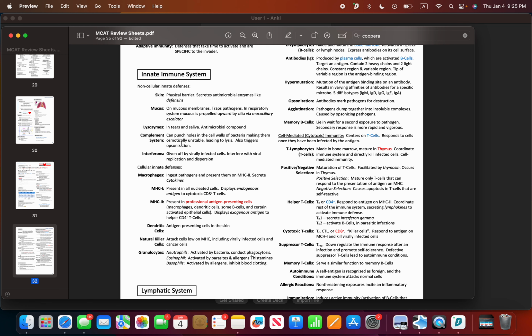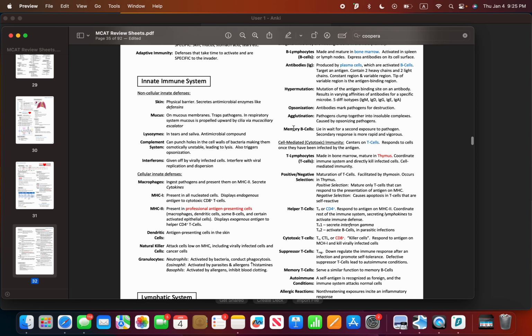The complement system can punch holes in the cell walls of bacteria, making them osmotically unstable, which leads to their lysis, and it also triggers opsonization. If you remember, opsonization is where antibodies mark pathogens for destruction. So we need mnemonics or ways to keep these in mind and remember them.